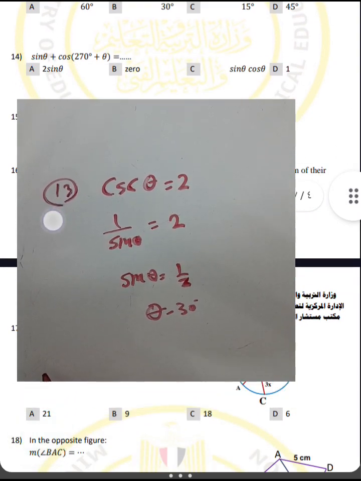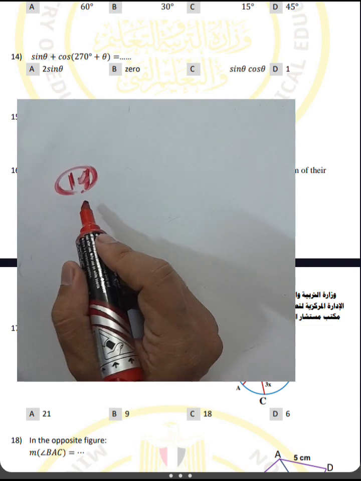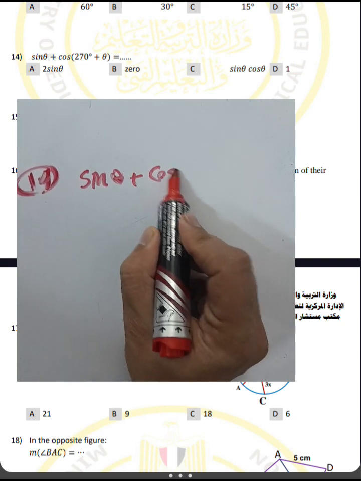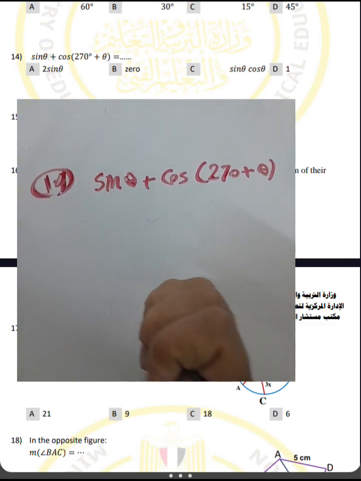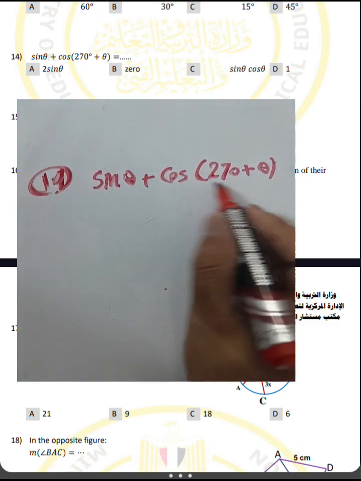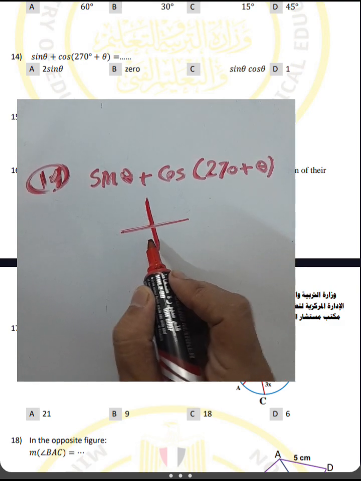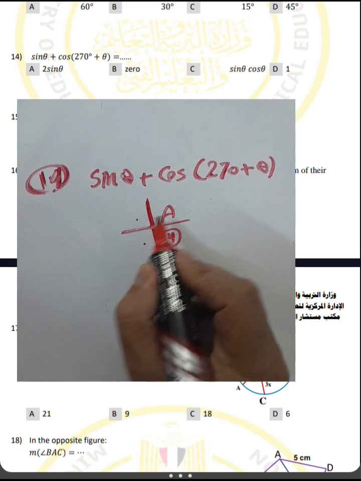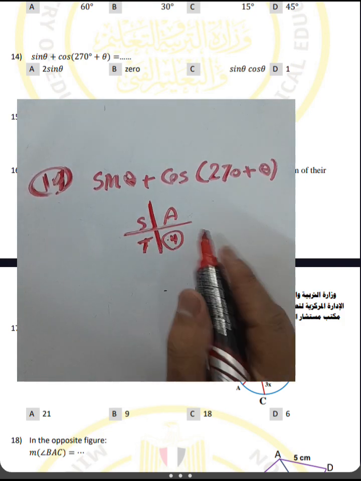Next, question number 14. Find sine theta plus cosine of 270 plus theta. We find where 270 plus theta lies: first, second, third, or fourth quadrant. It lies here in the fourth. All are positive here, sine here, tan here, and cosine here.